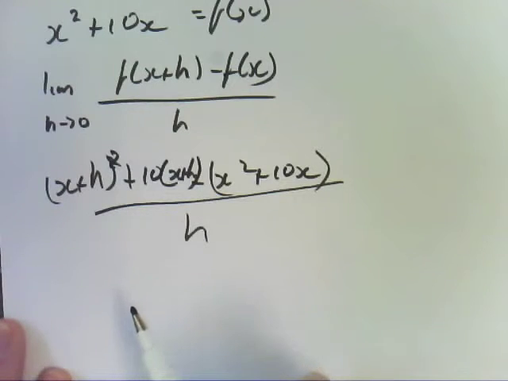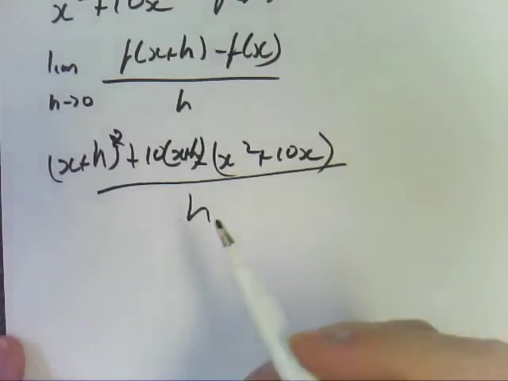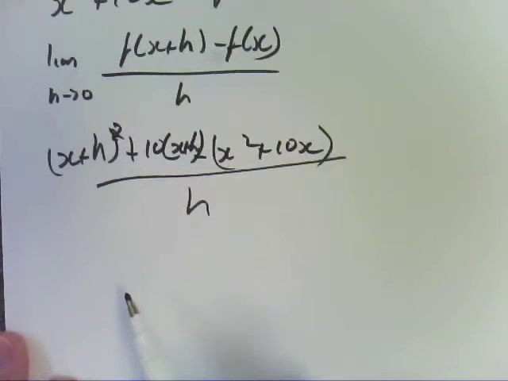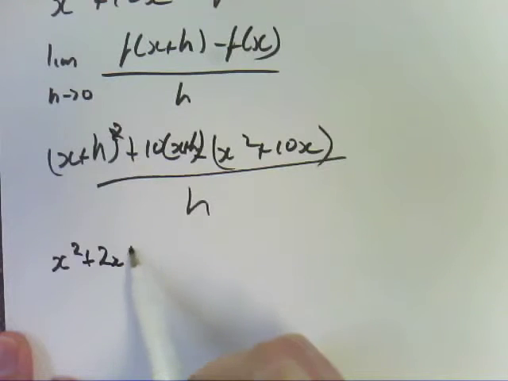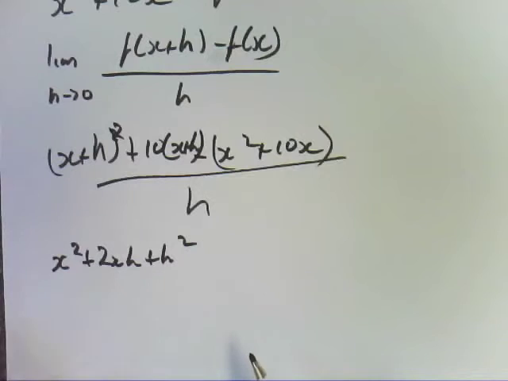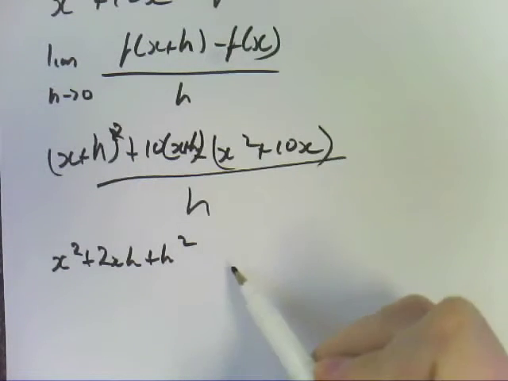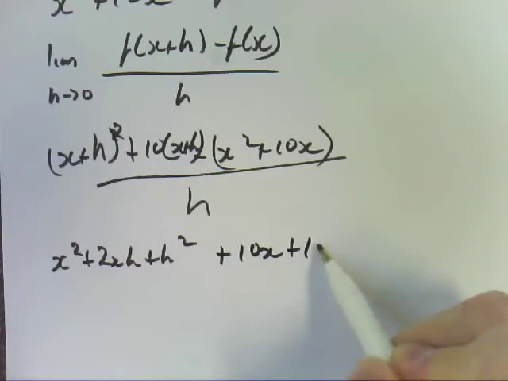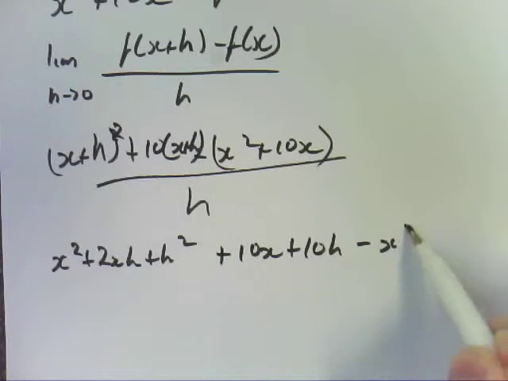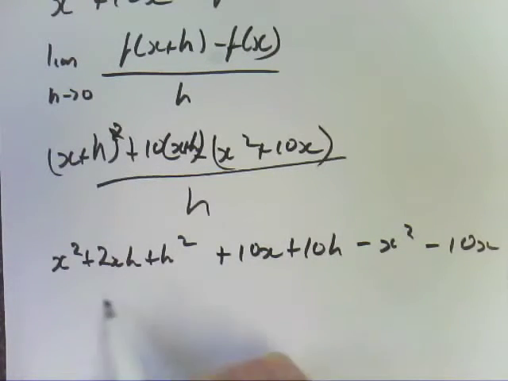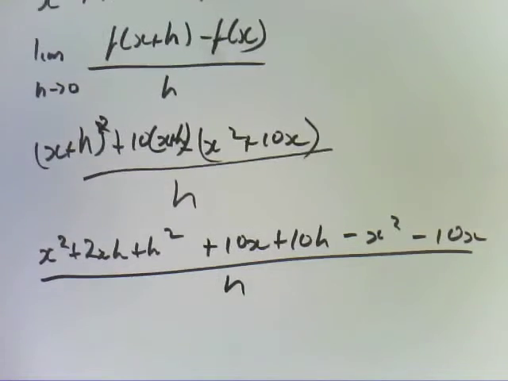Right, now we expand and simplify. (x plus h) squared. Go back to your perfect square formula. What does it come out at? x squared plus 2xh plus h squared. You should know that. This is where everything else comes into play. Plus 10x plus 10h minus x squared minus 10x, all divided by h.